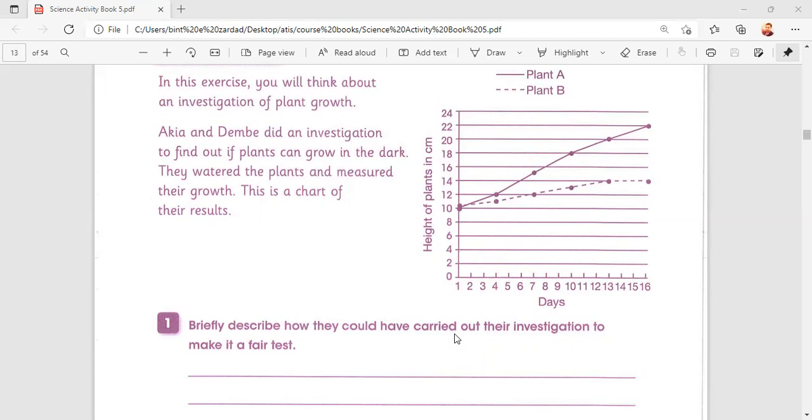So first of all, they should use two plants that are very similar in size and appearance, and both healthy, plant A and plant B. At the beginning, you choose the same plant and both should be healthy. They must give both plants the same amount of water.